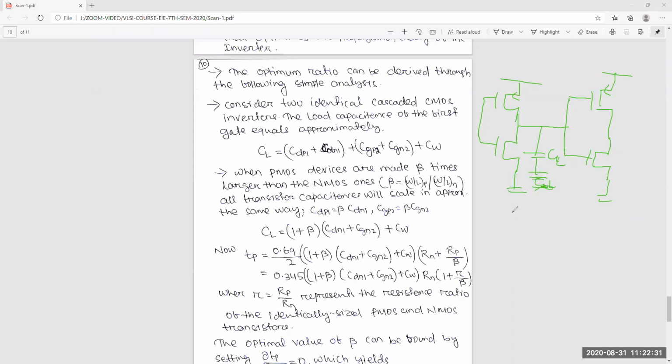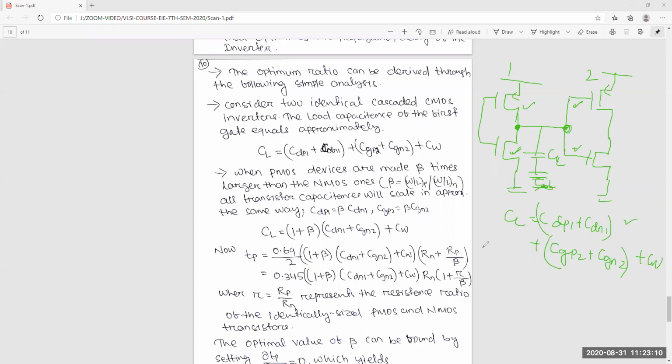Your CL is nothing but CDP1 plus CDN1, the drain capacitances at this drain point, plus CGP2 plus CGN2. This is inverter 1, this is inverter 2, at this point GP2, GN2, this capacitance, plus wiring capacitance.